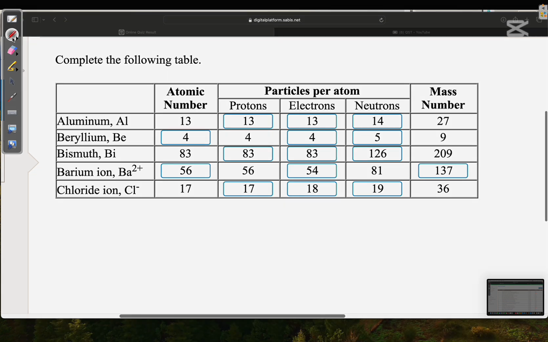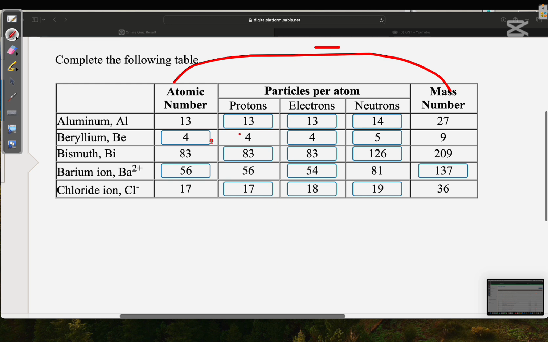And then to find the neutrons, we do the mass number minus the atomic number.